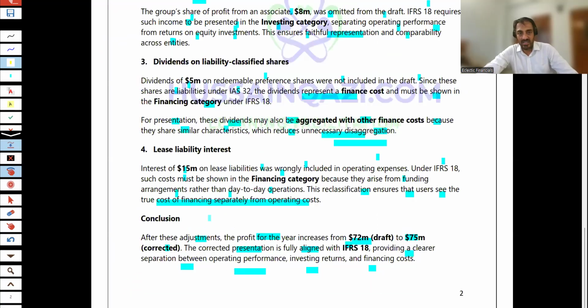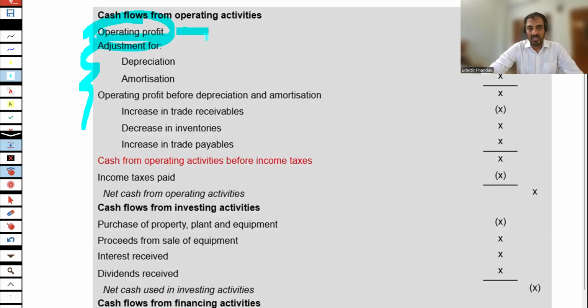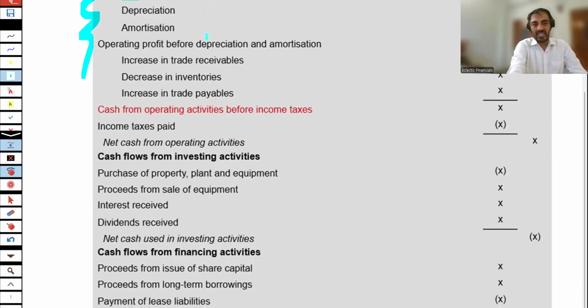Start with operating profit, close with the cash generated from operations, which is no more the name; it is now cash flow from operating activity before income taxes. Then incorporate the taxes, and the final is net cash flow from operating activity.